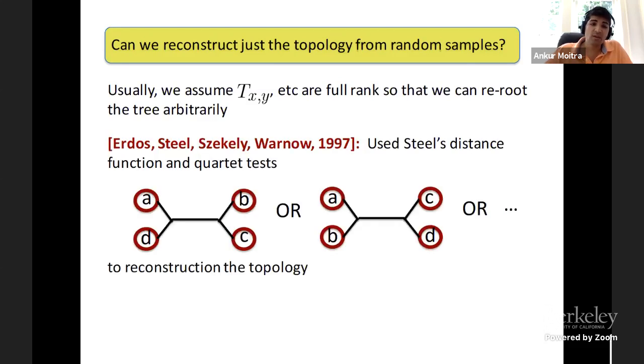So it turns out what you can do is just use Steel's distance function to reconstruct the topology of the tree. Because imagine that I have 4 different leaves, A, B, C, and D. Well, you can think about how to connect all of these 4 different leaves with paths to each other through the tree. And you can convince yourself that there are some basic topologies that can happen.